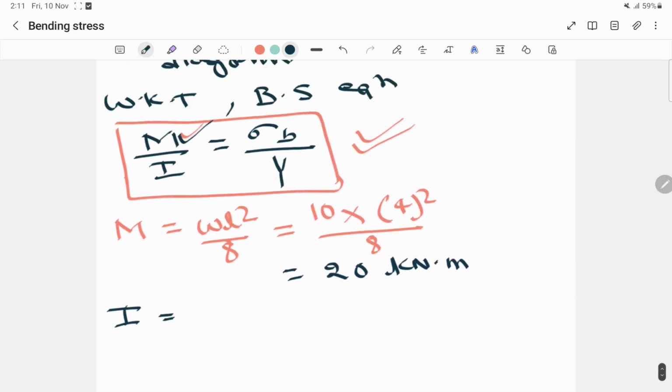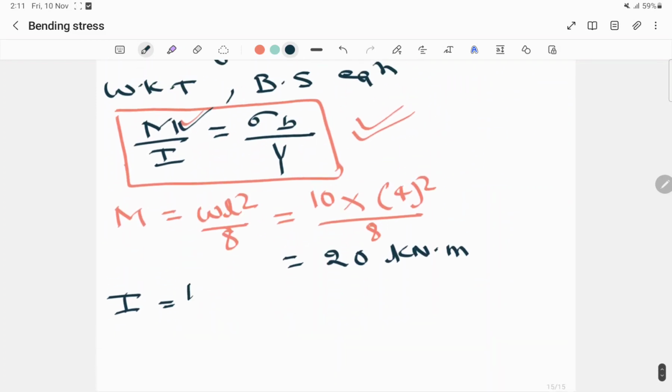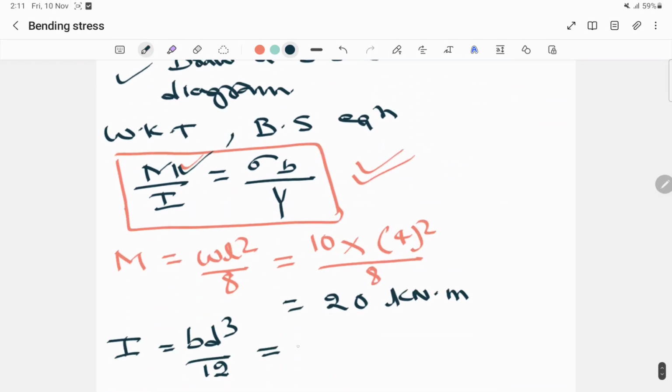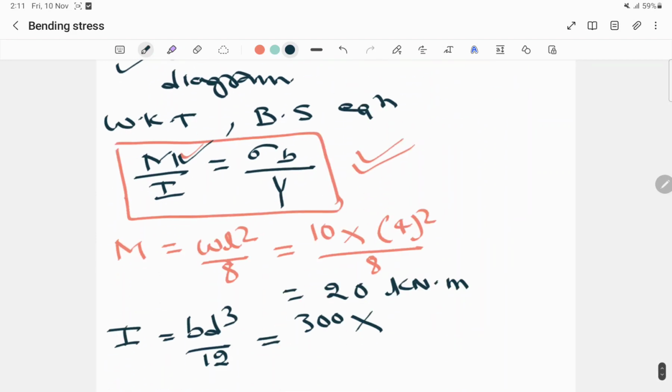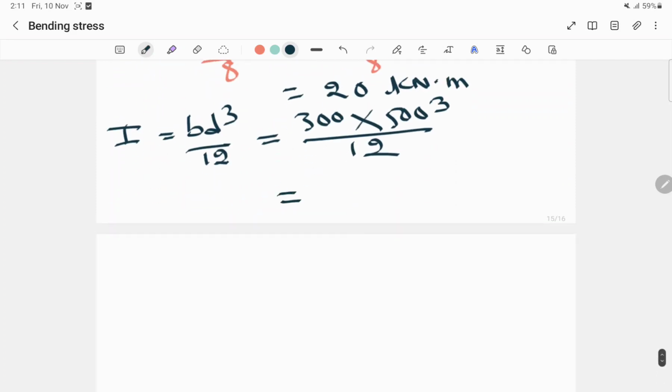Moment of inertia for a rectangular section is BD cube by 12. So we have all the values with us. B is 300 into D is 500 cube by 12. So here our answer is 3.125 into 10 to the power 9 mm 4.